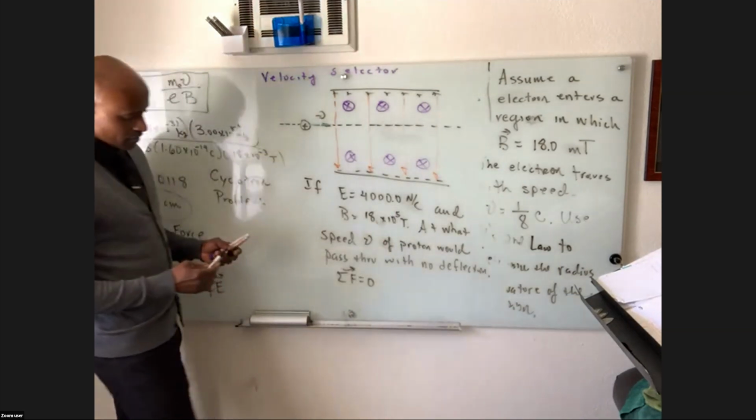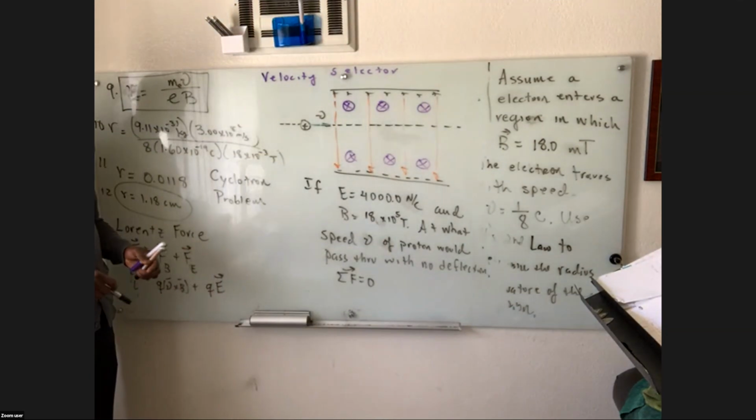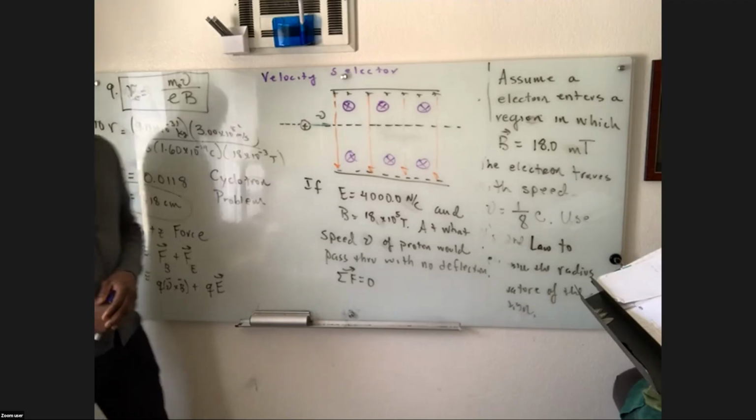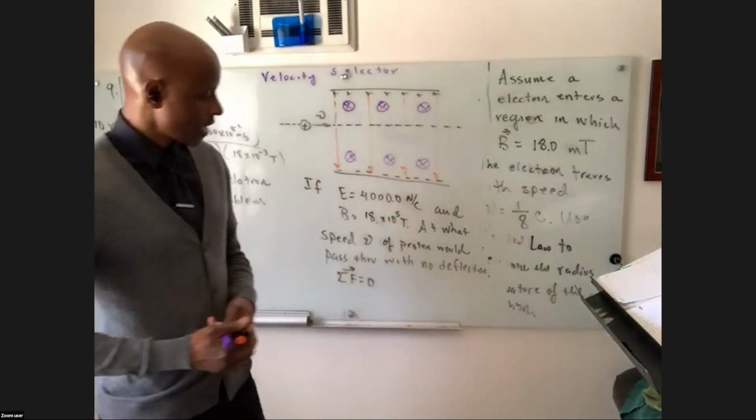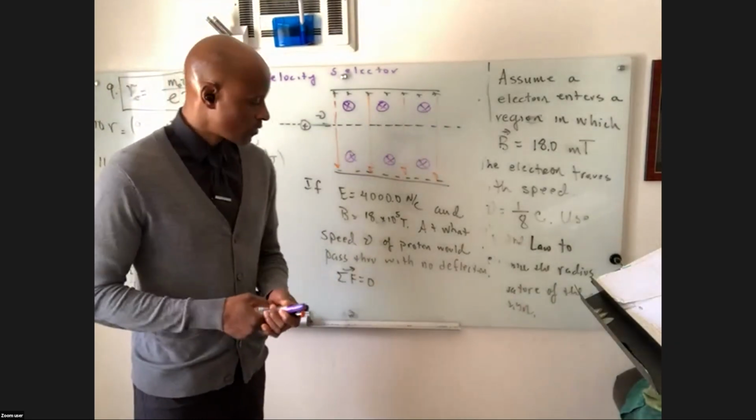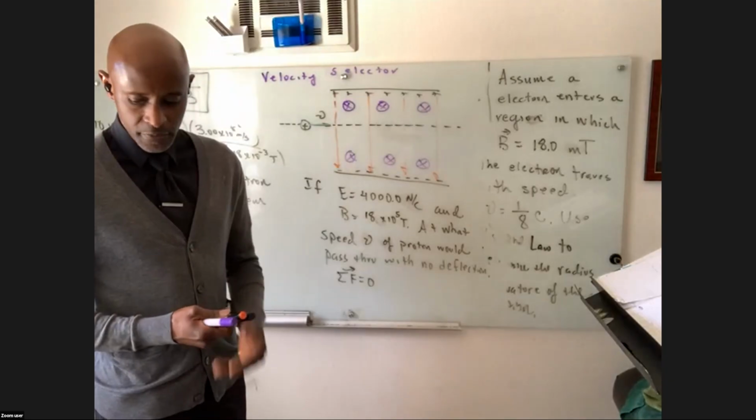Yeah, I can see it already. That 18 millitesla would have been unrealistic. The particle would have to go faster. So I think this is going to be okay. Go with that. That's going to give a relatively reasonable speed.